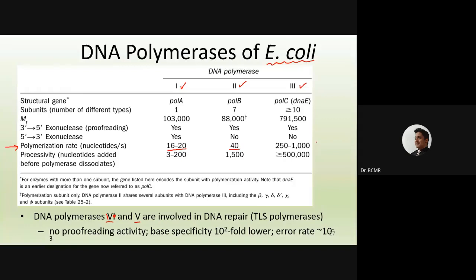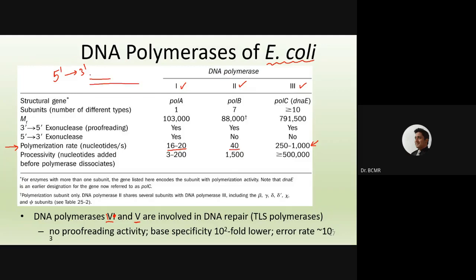And look at Pol 3, it can add up to 1000 bases per second. That means you can understand the rate at which it is actually working. And I hope you will remember that polymerization of even DNA or RNA is always from 5 prime to 3 prime.